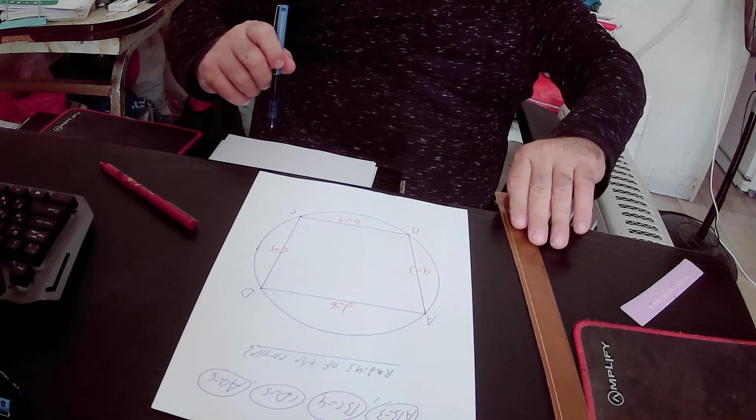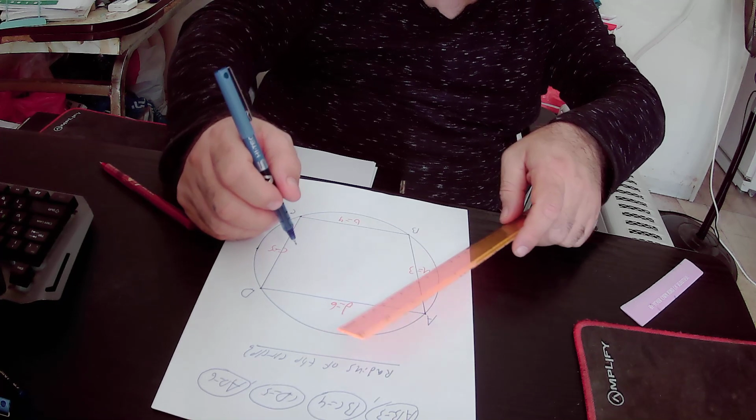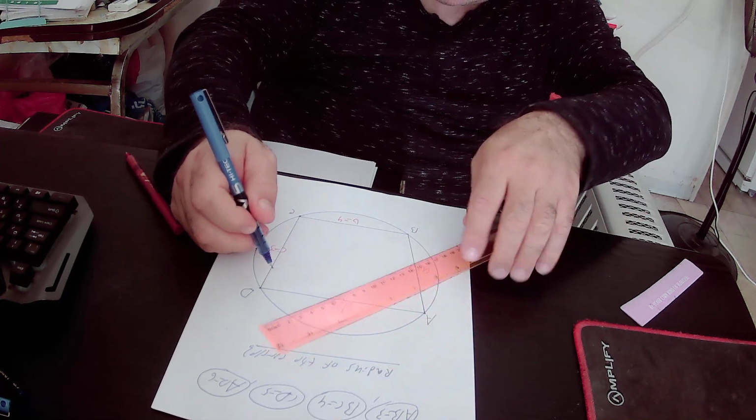draw two diagonals of this quadrilateral ABCD.